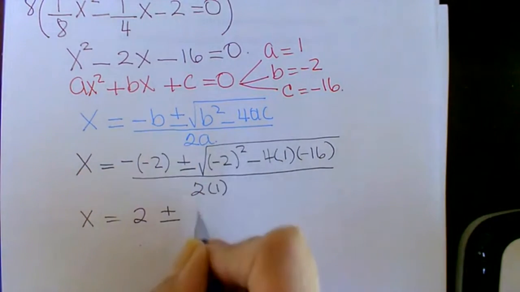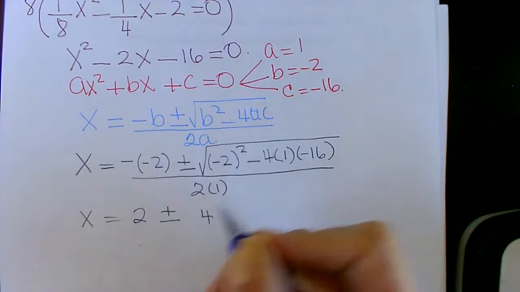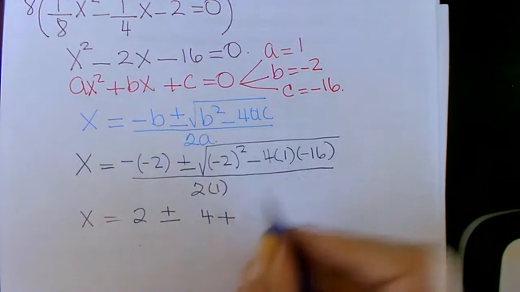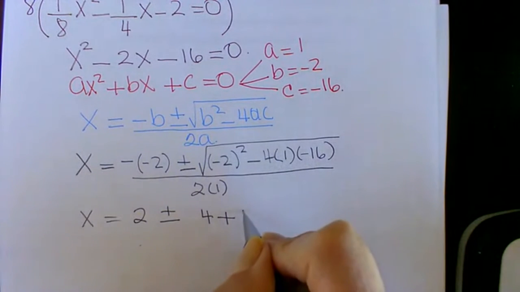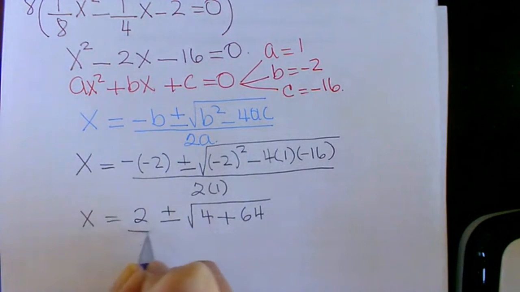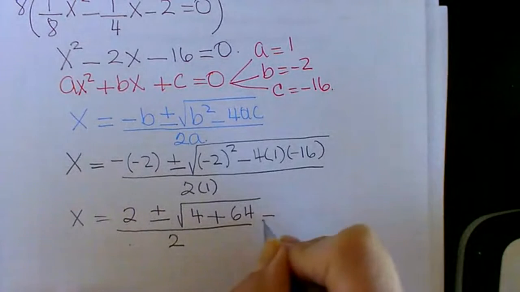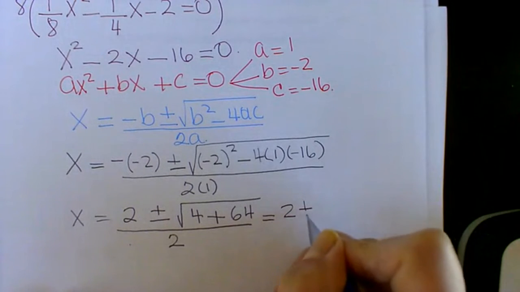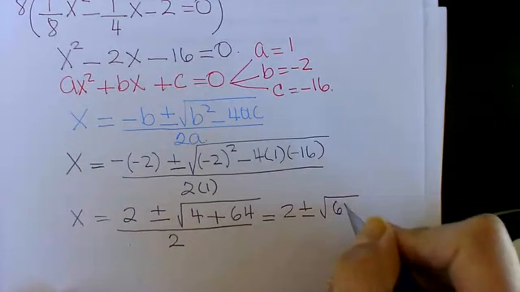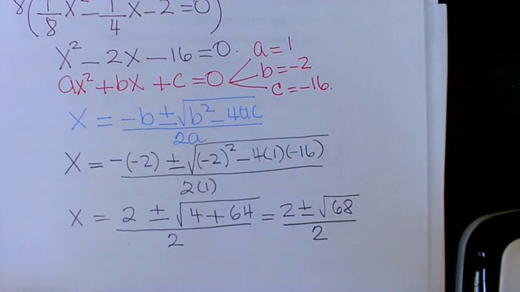So what do I do here? This is going to be 4, sorry, and 16 times 4, that's 64. And 2 times 1 is 2. So we have 2 plus or minus the square root of 68 divided by 2.